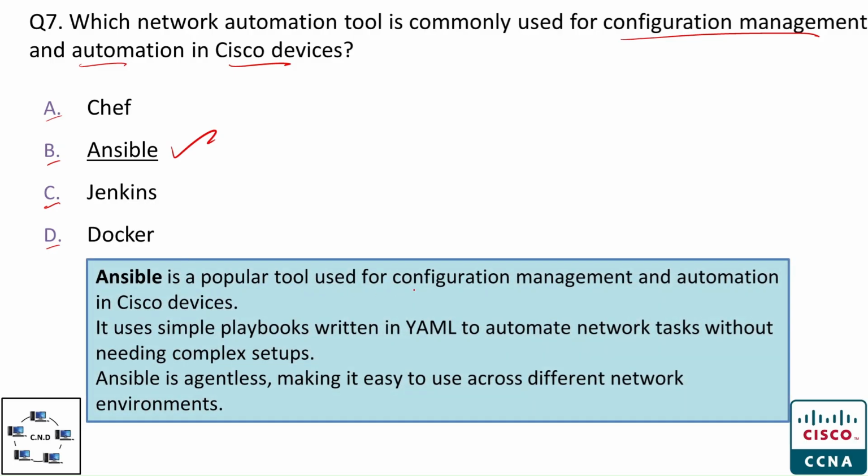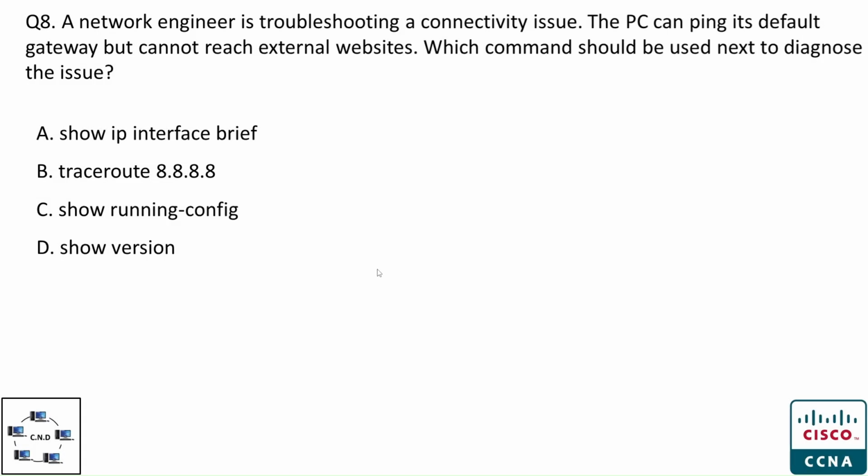Ansible is a popular tool used for configuration management and automation in Cisco devices. It uses simple playbooks written in YAML to automate network tasks without needing complex steps. Ansible is agentless, making it easy to use across different network environments.